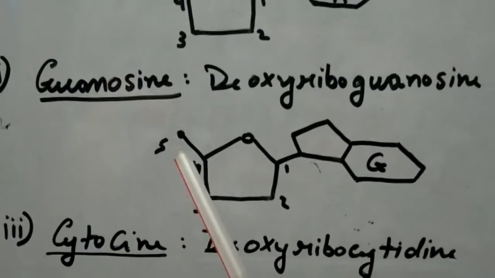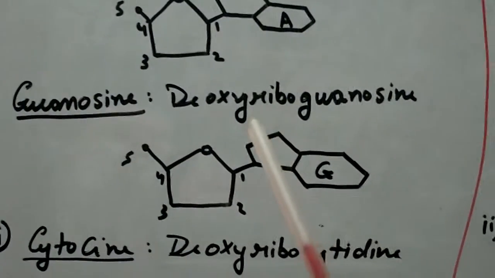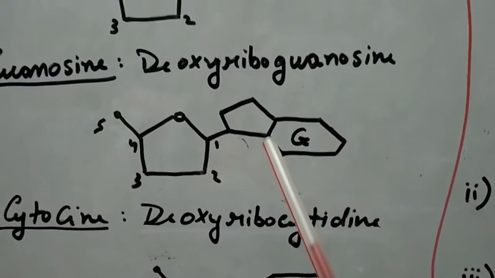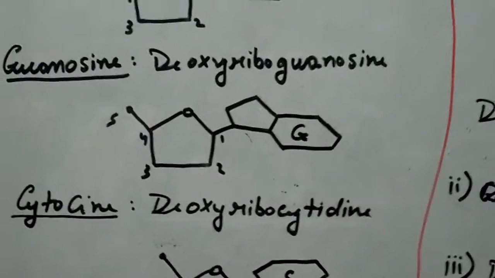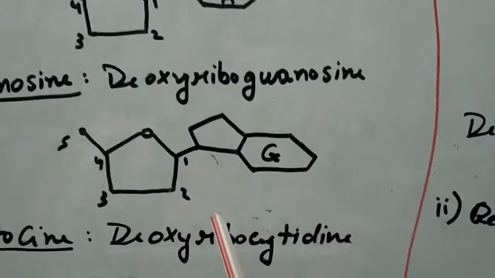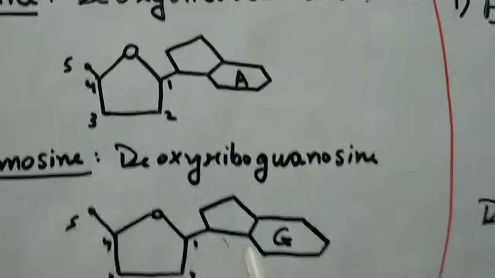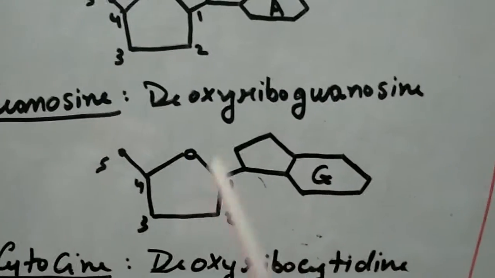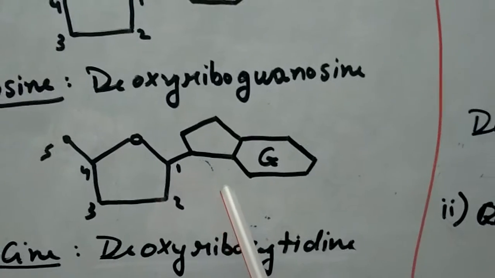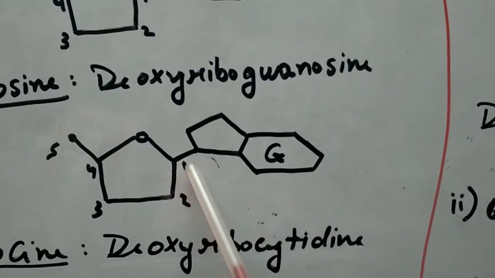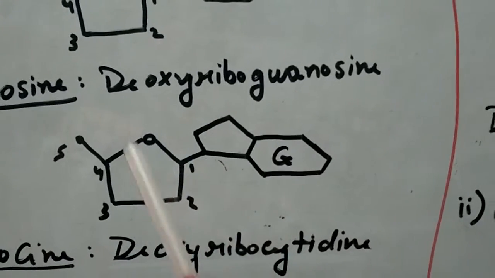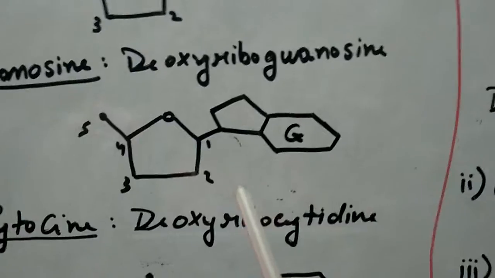The second nucleoside is guanosine, deoxyriboguanosine. As you know, both adenine and guanine belong to the purine nitrogenous bases. Exactly like adenine, deoxyriboguanosine is formed by the attachment of guanine on the first carbon of the deoxyribose pentose sugar, which is very clearly visible from this diagram.